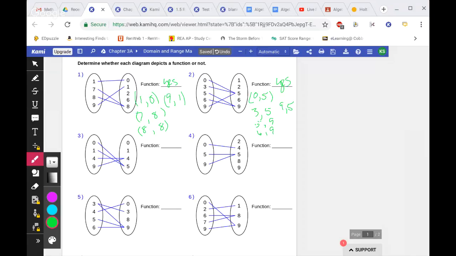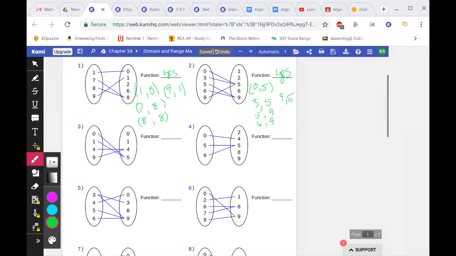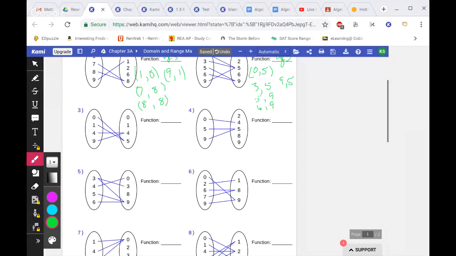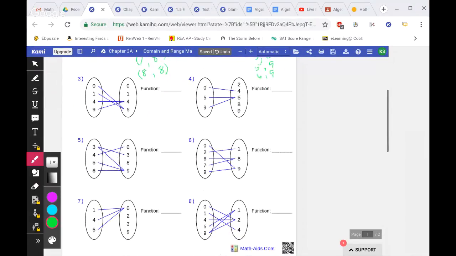So it is... I can't remember. There was one that wasn't. I think it's number 5 because 3 and 4 both were. And I have (3, 3).